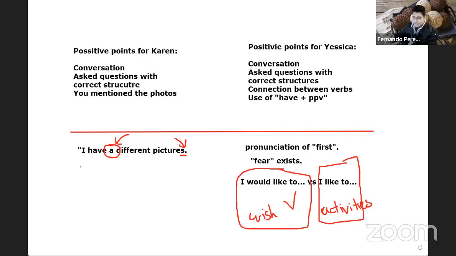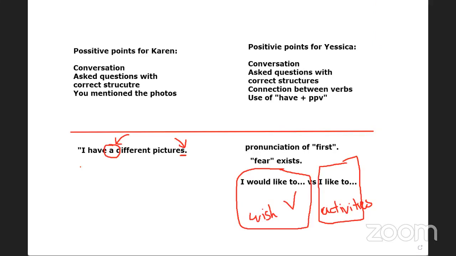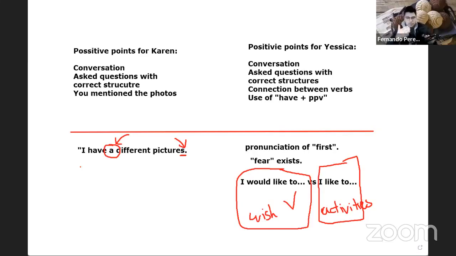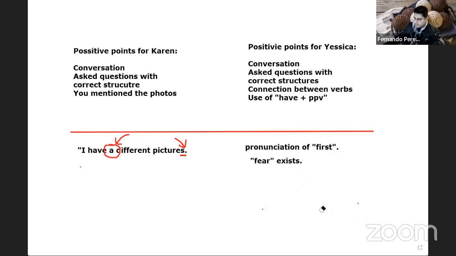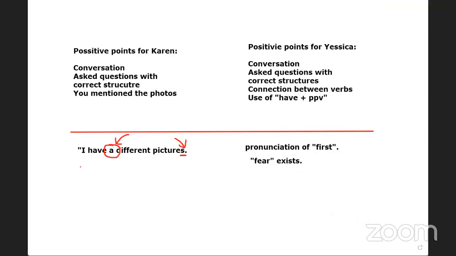So make sure that if you say I would like to, continue talking with would and continue saying would, right? Because if you stop speaking about would, I am confused. Are you talking about activities or are you talking about wishes? So don't let go the would. That's important.